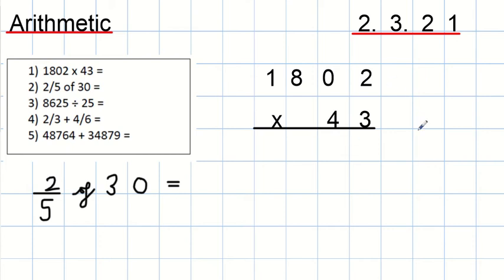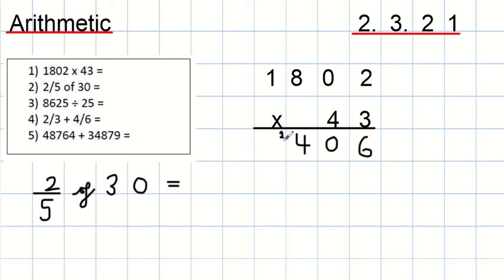Okay, so question number one then. 1,802 multiplied by 43. Now I've set up the formal column method of multiplication here. And I'm going to start in the ones with 2 times 3, which is 6. 0 times 3 is 0. 0 lots of 3 will give 0. 8 times 3 is 24, so I carry my 20.